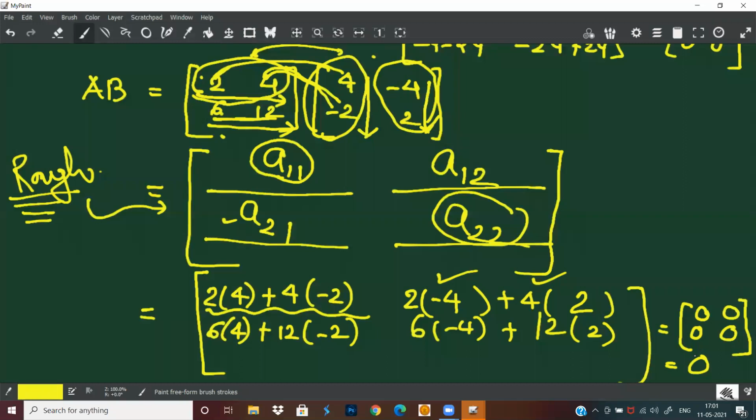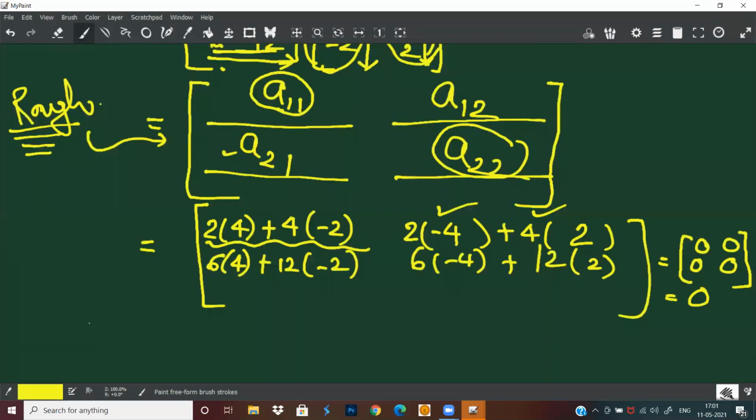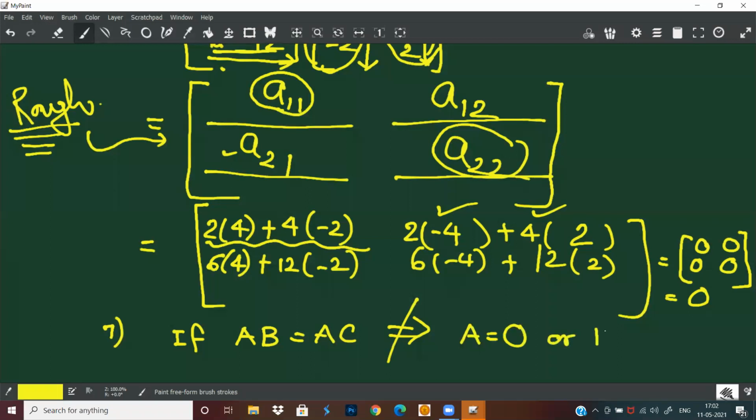Because I just wanted to show कि थोड़ा अलग है matrix algebra than our usual algebra. और एक funny part है, if AB is equal to AC, it does not imply that either A is null matrix or B is C. जरूरी नहीं ऐसे होना.